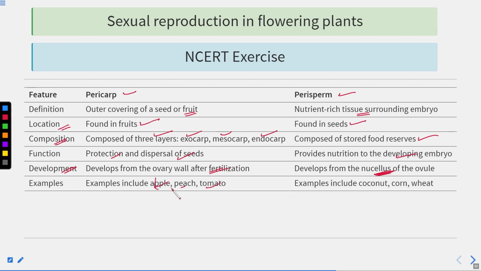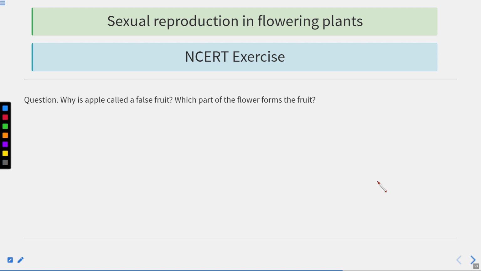So, pericarp, this is the covering of the fruits. So these are all fruits, apple, peach, and this tomato, which is a vegetable. Now, perisperm examples include coconut, corn, and wheat. So this is perisperm, which develops from the nucellus. This is found in the coconut, corn, and the wheat.